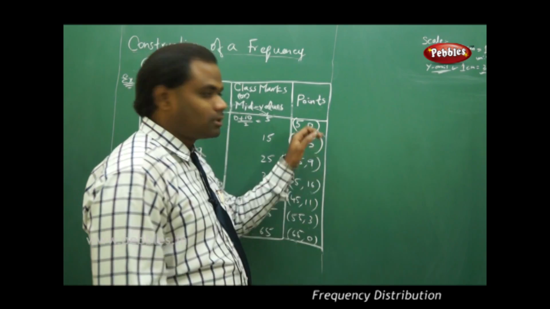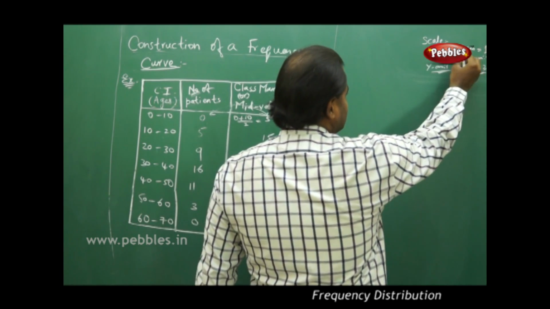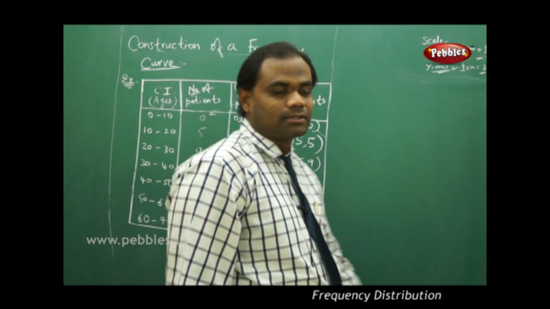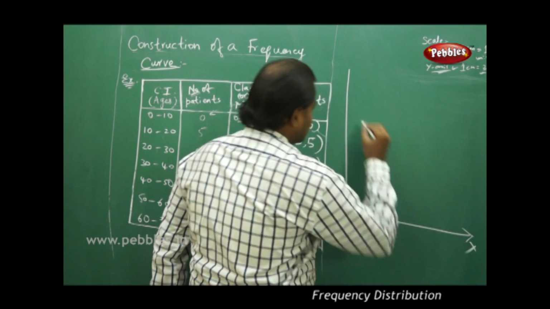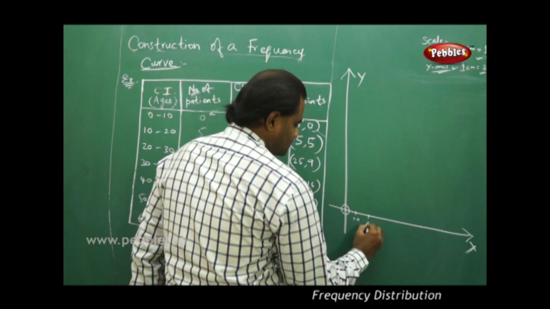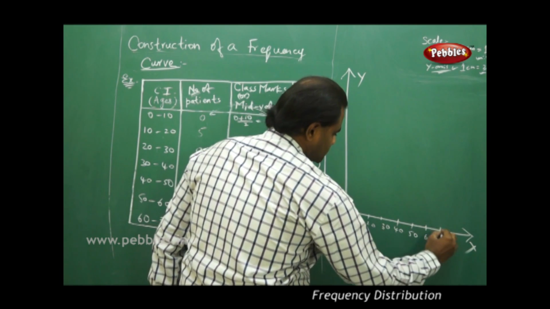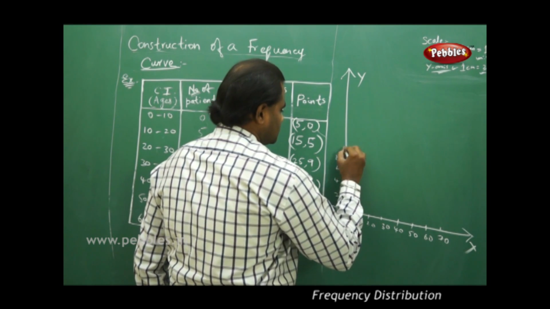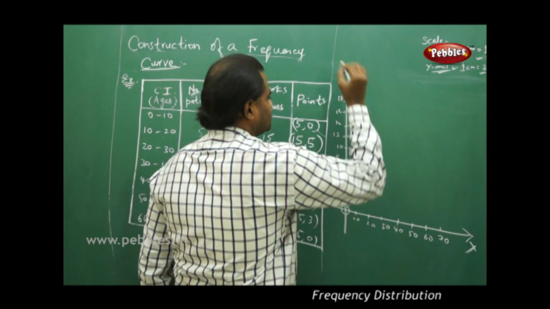So let's plot the points as in the previous example, with the same scale: x-axis taken as 1 centimeter equal to 10 units, and y-axis as 1 centimeter equal to 2 units. Then I get the x-axis and y-axis, and this is the origin. On the x-axis I take the points 10, 20, 30, 40, 50, 60, 70, and on the y-axis 2, 4, 6, 8, 10, 12, 14, 16 and 18.